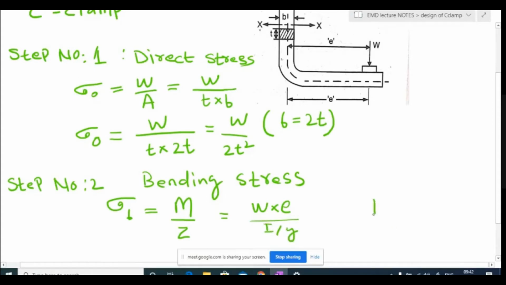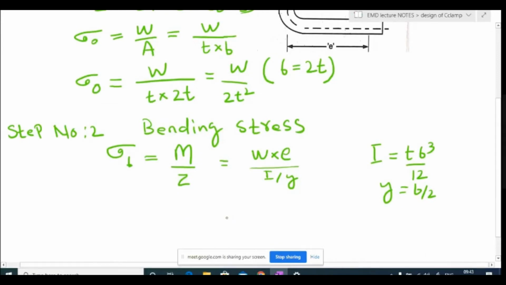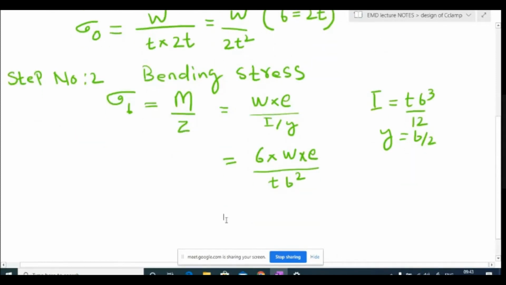Here I is nothing but TB cube upon 12, and Y is B by 2. On simplification, it comes to be 6 into W into E upon TB square. Now again, we know that B is equal to 2T.